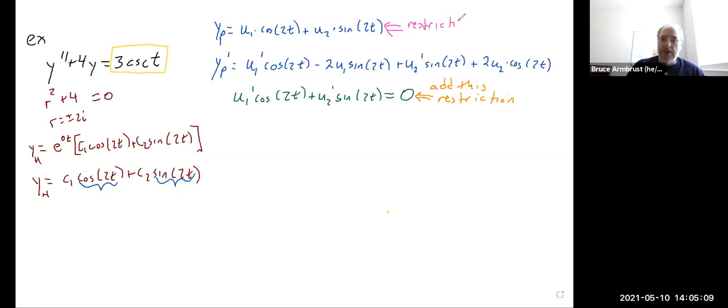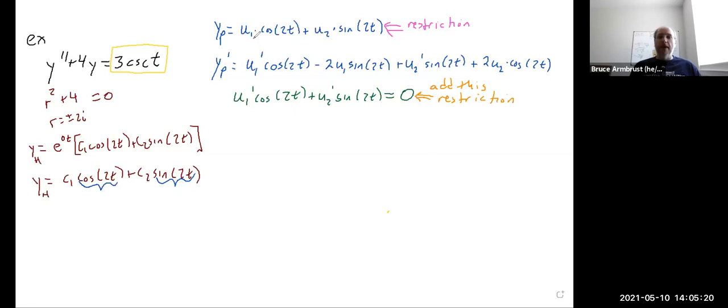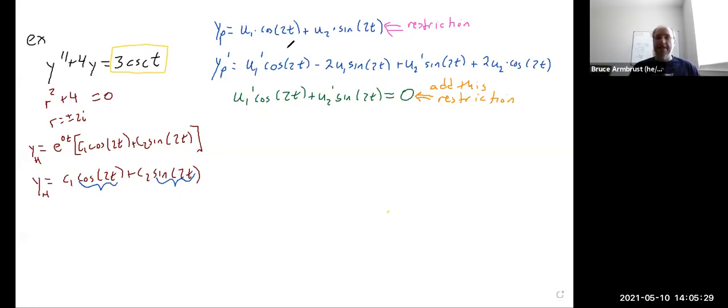This is also a restriction, right? u1 and u2 are not just any old random functions. They're differentiable functions. They have to be differentiable, but I also needed them so that they're going to form my particular solution. So just by saying I want my particular solution to be made up of these u1 and u2 of this form, that's a restriction on u1 and u2, right?